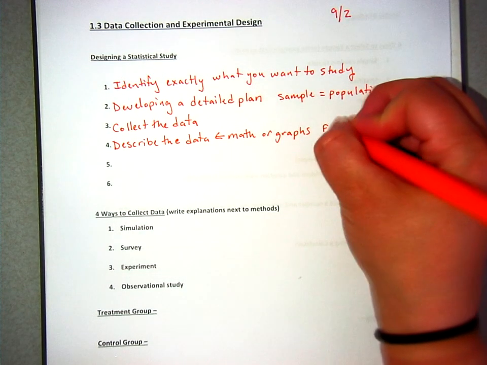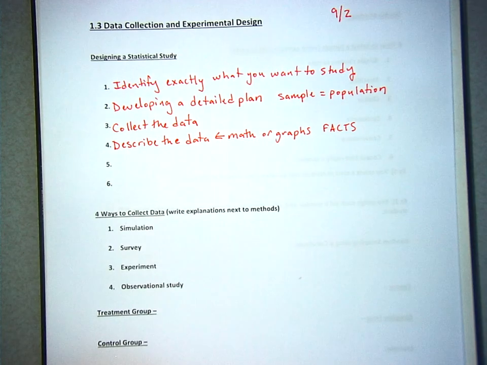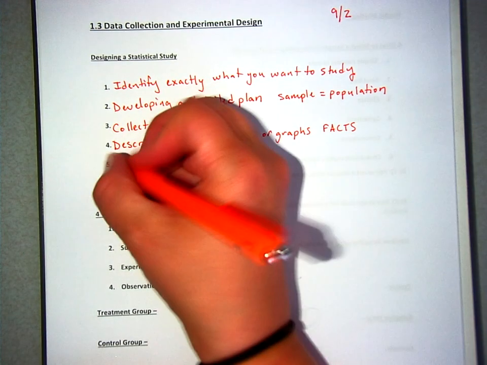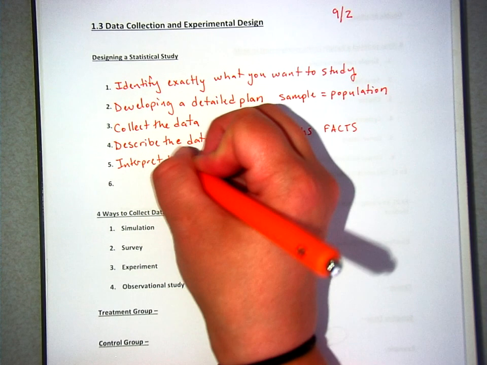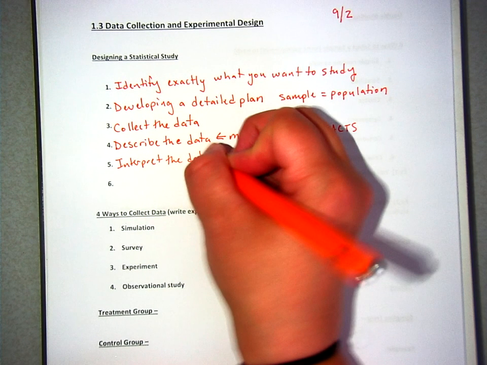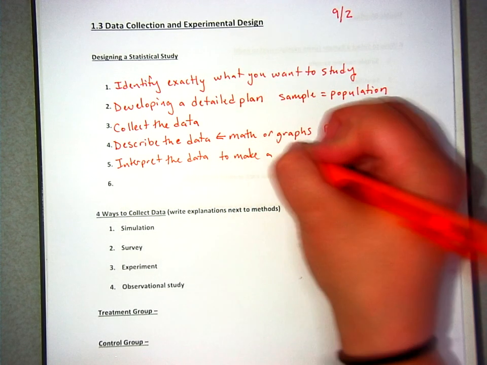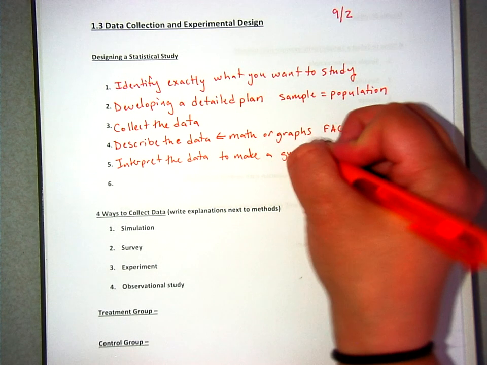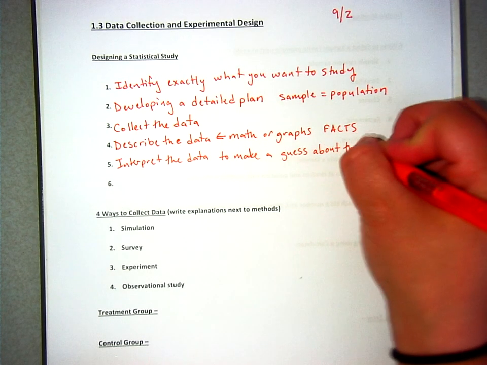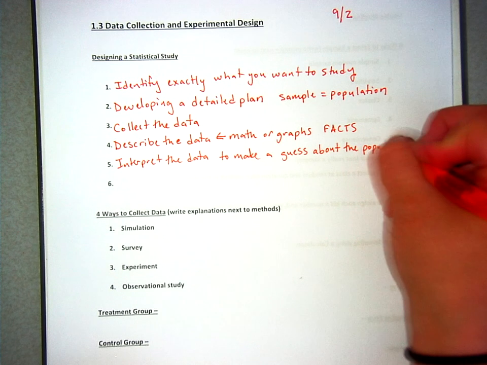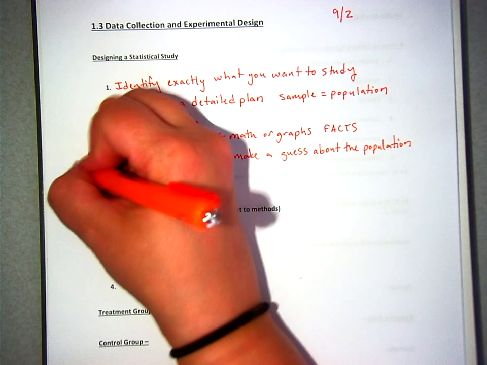This is the facts part. Then you interpret the data, to make an educated guess about the population. While this is based in facts, it is still an opinion.